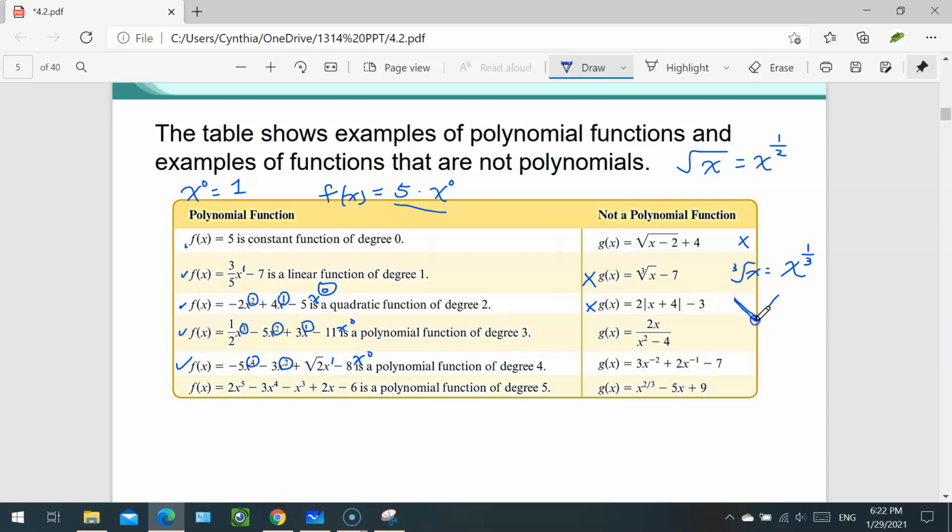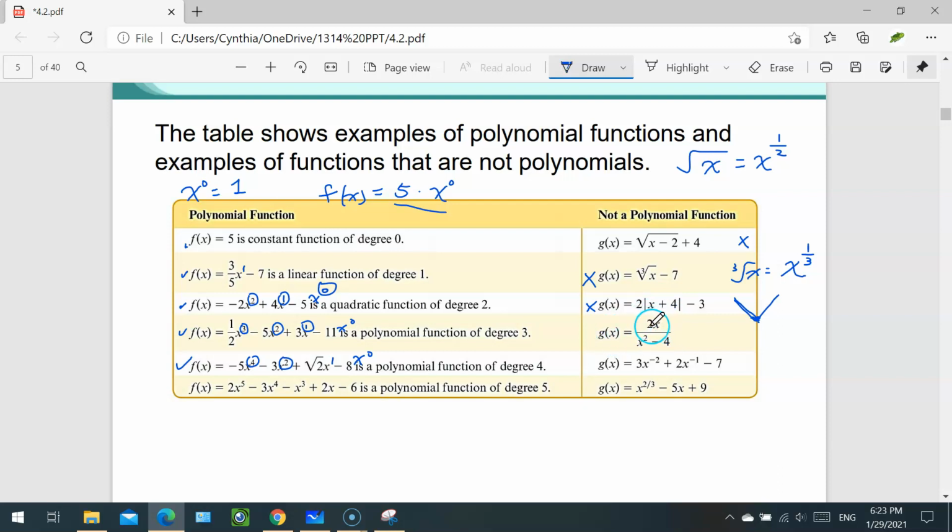This point is not a smooth curve. A polynomial function must be a smooth curve, but absolute value has a V shape, with a sharp point at the vertex. So we don't count absolute value as a polynomial function.